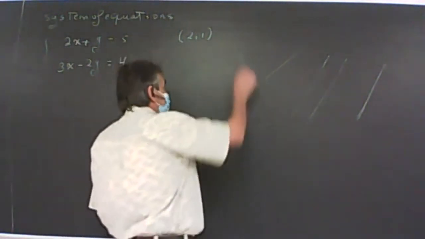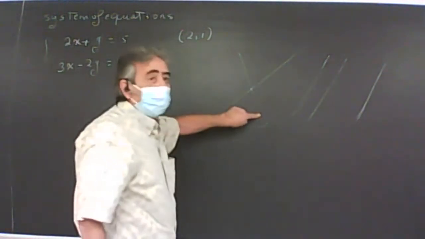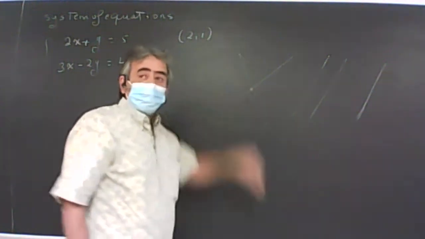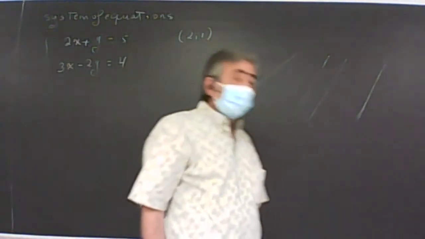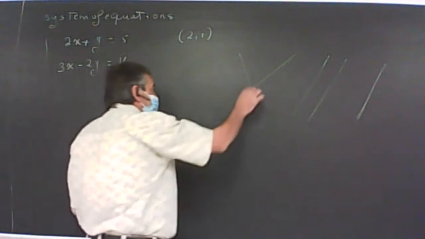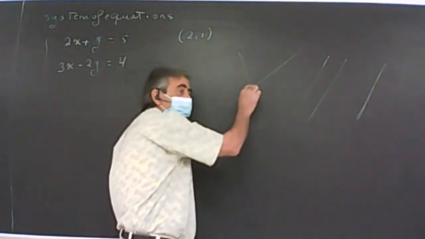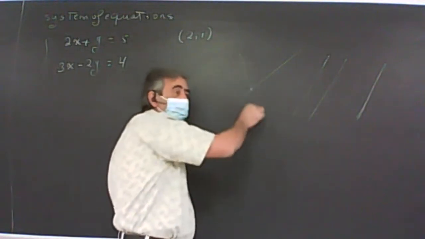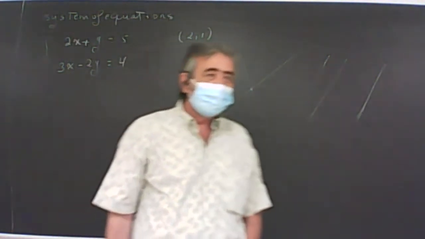So if I take, for instance, this point over here, whatever equation we have for this line, this point is a solution to that line. So each line by itself has infinitely many solutions. However, when we put two lines together, and they meet at this point, then this point is a solution to the first line, and it's also a solution to the second line. Therefore, it's a solution to the system.